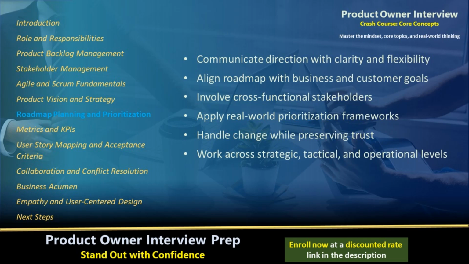Show that you're capable of zooming in and out, tailoring your communication to the audience. And finally, emphasize transparency. Do you use tools like visual roadmaps, release calendars, or planning cadences to keep everyone informed? The best product owners not only build good roadmaps but keep them visible, flexible, and aligned with value delivery.